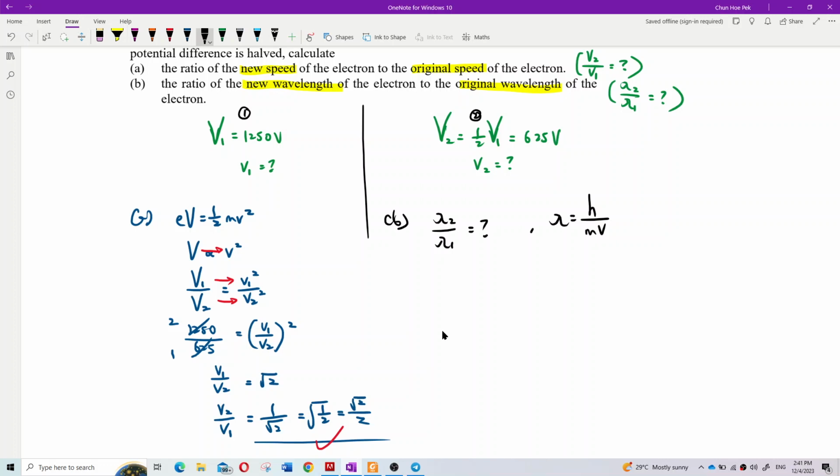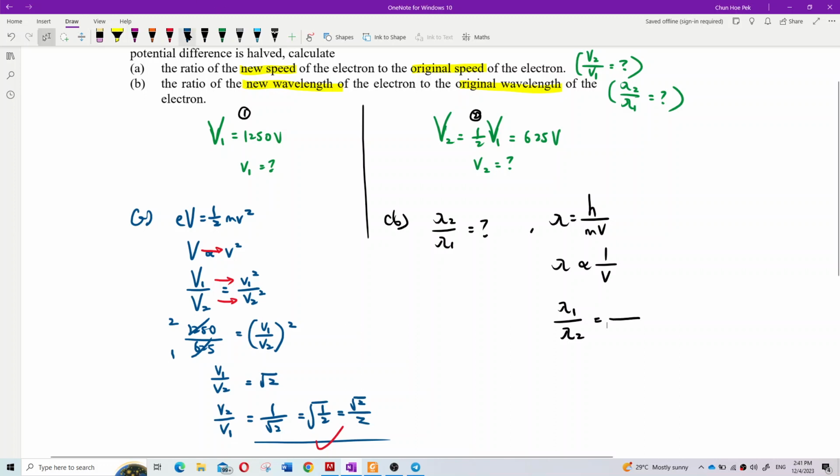Okay, h over mv. So from here, mass of electron is constant, but we can see lambda is inversely proportional to velocity. Understand? So I can put it like this: lambda 1 over lambda 2 is equal to, if lambda at the top, velocity at the bottom.